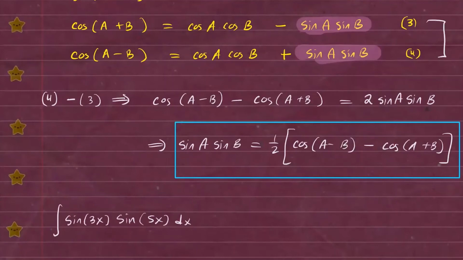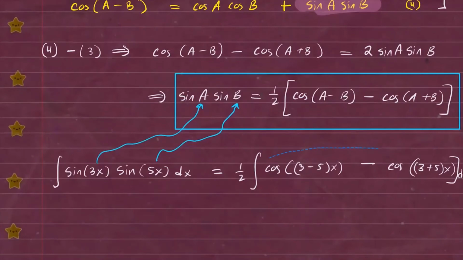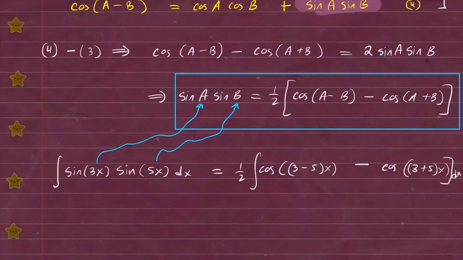So you can think of this as your A and this as your B. So this integral is equivalent to 1/2 the integral of cosine of A minus B, so that's 3x minus 5x, minus cosine of A plus B, so that's 3x plus 5x, dx. So this is what we're integrating, with respect to x.